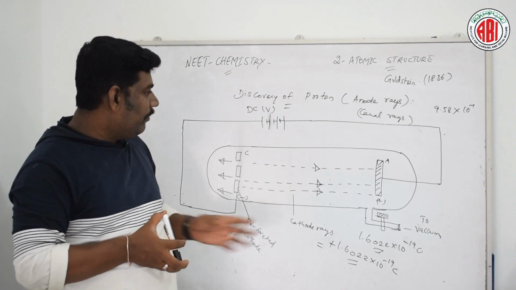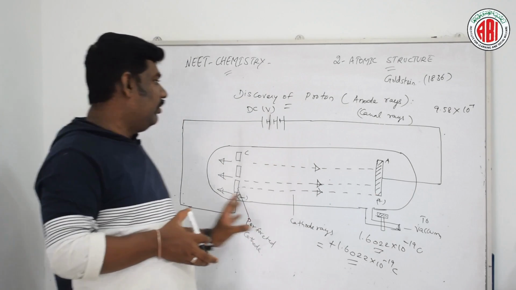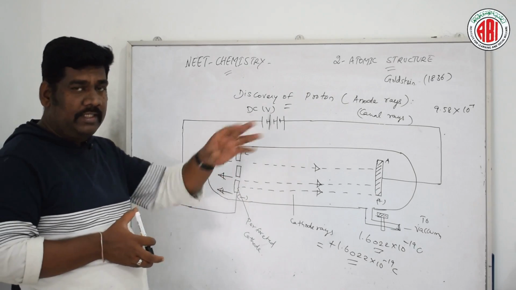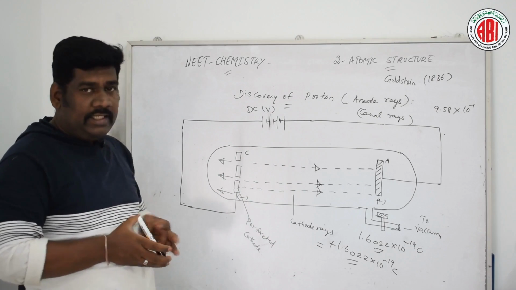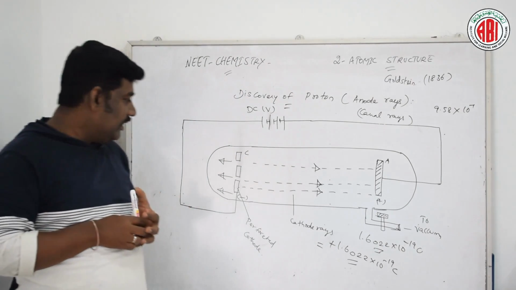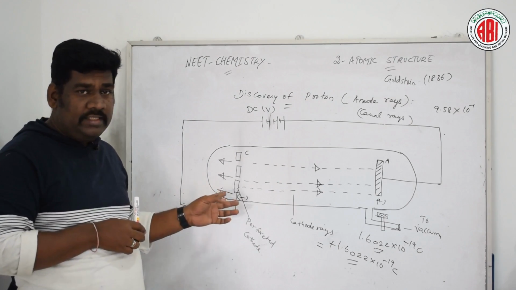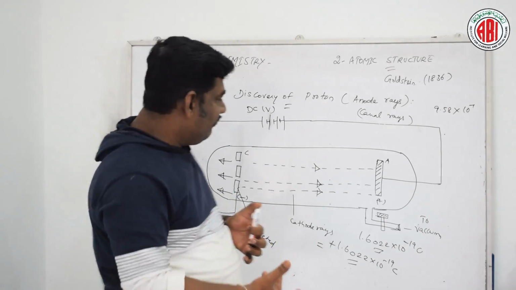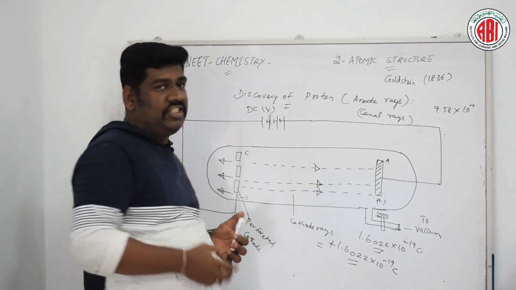This experiment is similar to the cathode ray experiment, but here the anode rays were found to depend upon the nature of the gas taken inside the discharge tube.